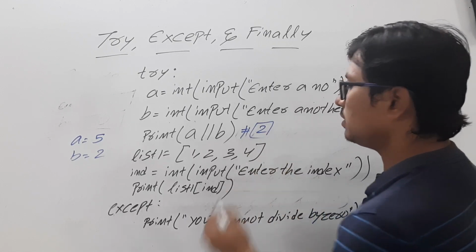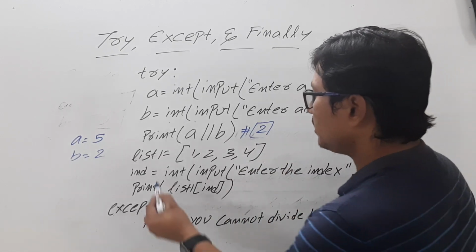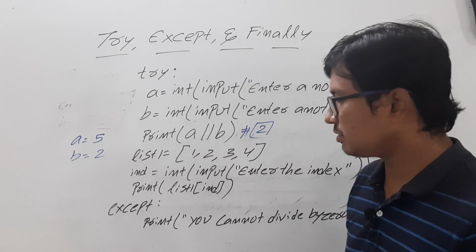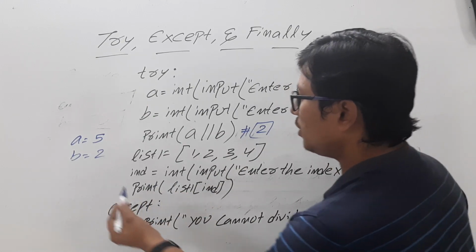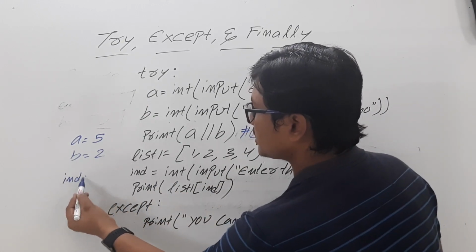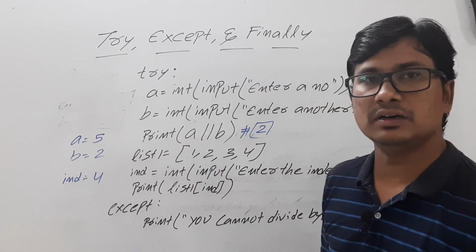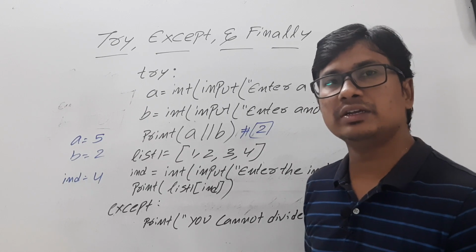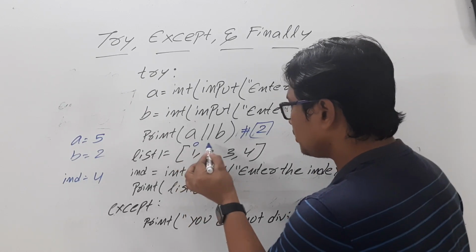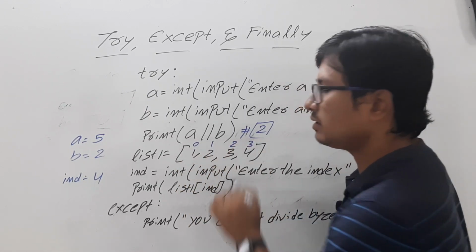2. Okay. Then list1 is equal to 1, 2, 3, 4. This is fine. Now for the index, the user has entered, let's take, 4. If there are 4 elements in the list, what will be the starting index? It will be 0, 1, 2, 3.